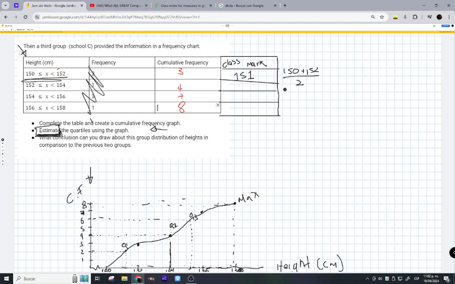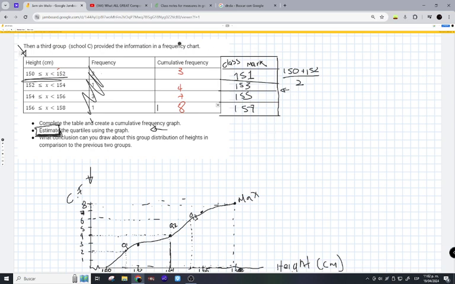Here, I'm not going to bother with writing this process, but the class mark here is the middle between 152 and 154, which is exactly 153. Here's 155. You can check it if you want. And here's 157.